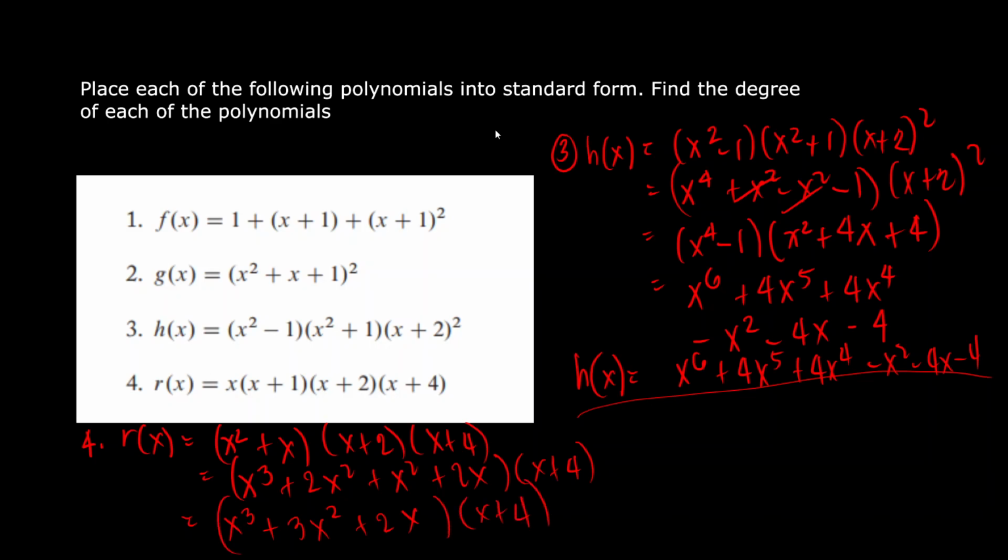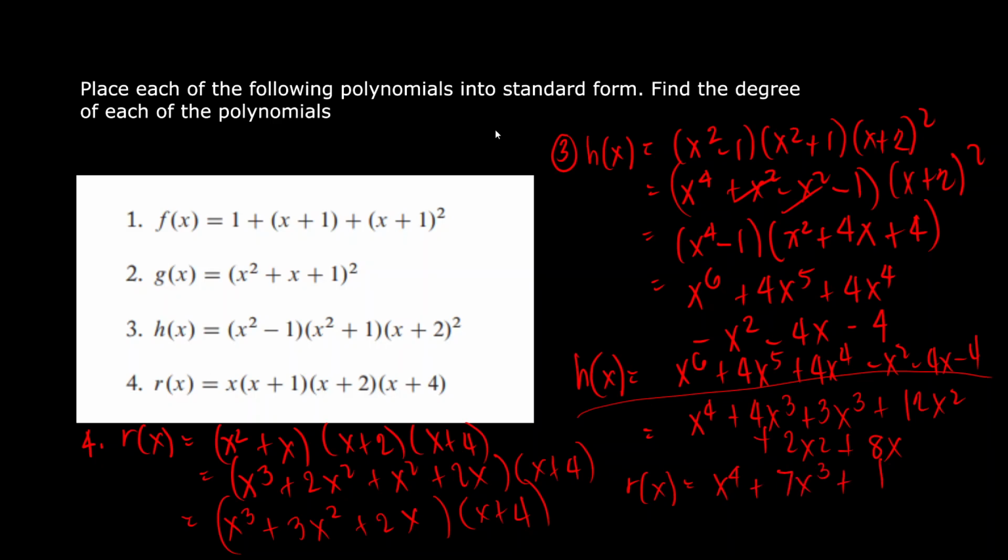Then, multiply natin to: x to the 4th plus 4x cubed plus 3x cubed plus 12x squared plus 2x squared plus 8x. So, simplify natin. Ang r of x is equivalent to x to the 4th plus 7x cubed plus 14x squared plus 8x. So, this would be our final answer, standard form from degree 4 downwards. Okay? So, that is for this exercise.